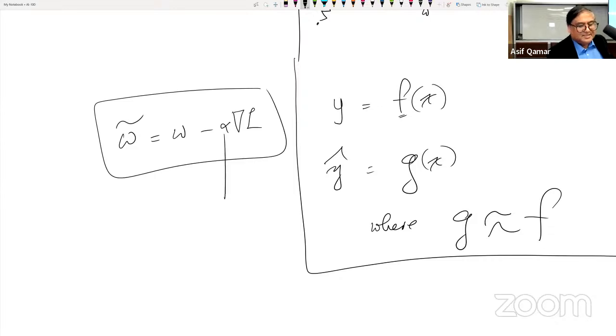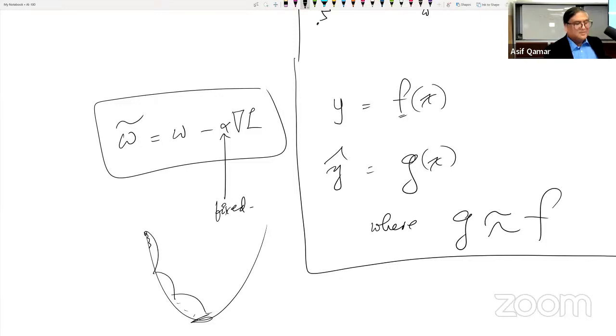Implicitly, I said the learning rate is fixed for this simple situation. But it turns out that's not a very good idea because in the beginning, remember, you can miss the minima if you go too fast. But when you're near it, there is no reason to inch your way down. The learning rate can change at different parts of the journey.